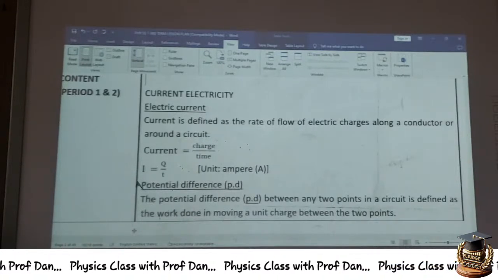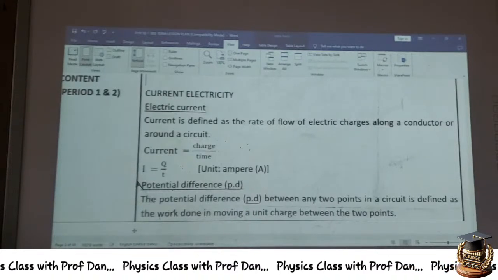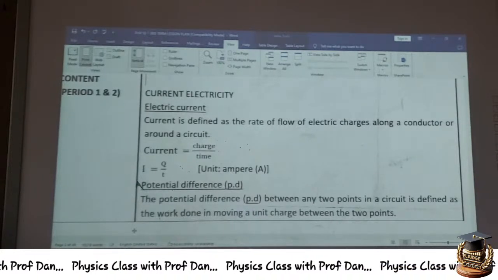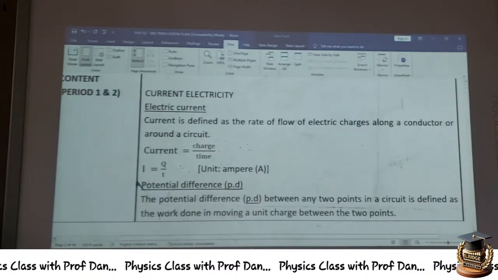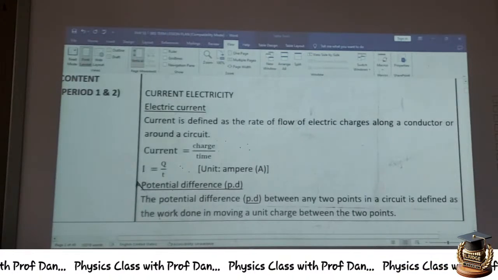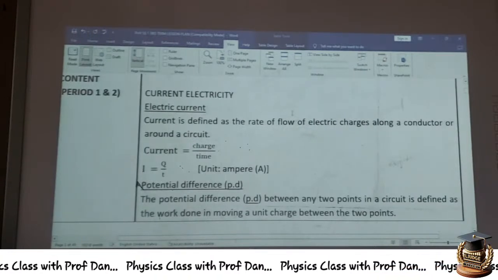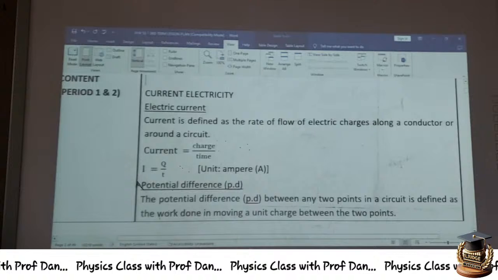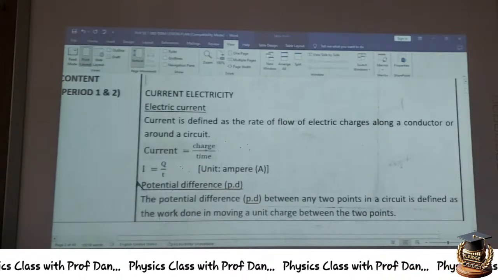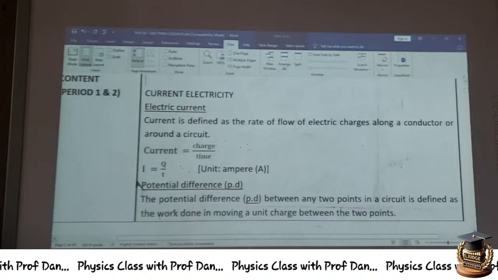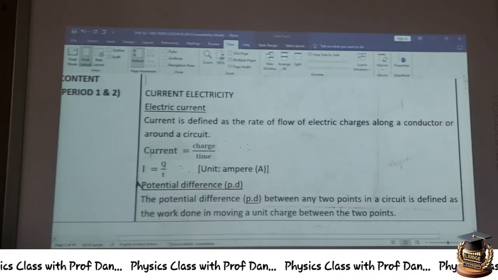What is electric current? Electric current is defined as the rate of flow of electric charges along a conductor or around a circuit. When you hear the word rate in physics, we are always looking at time. So mathematically, current equals charge over time, I equals Q over T. We use I to represent current.